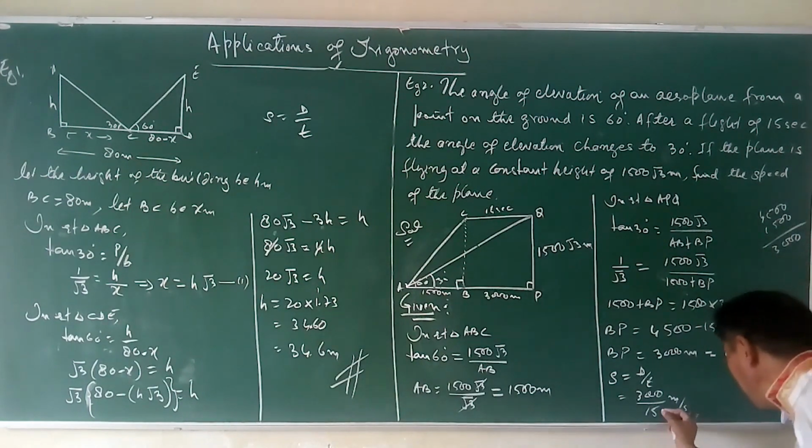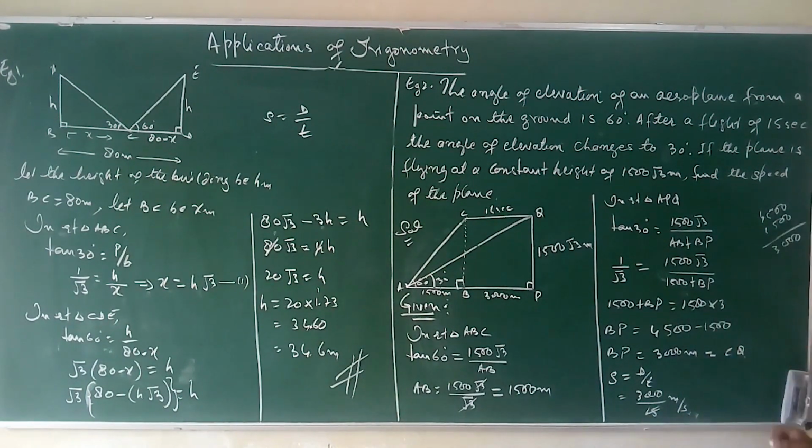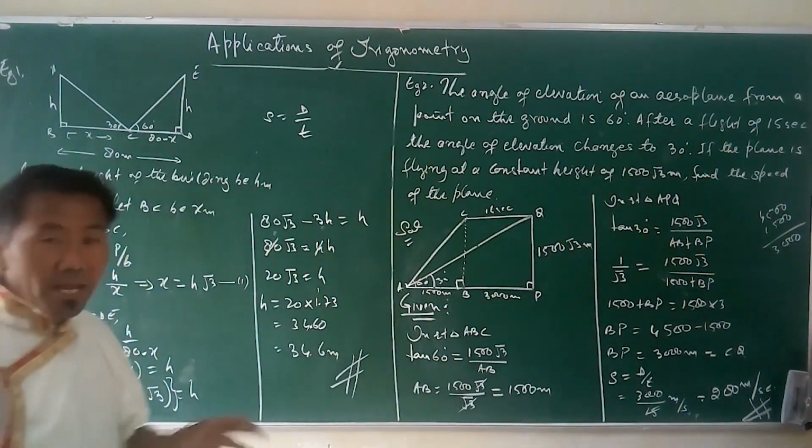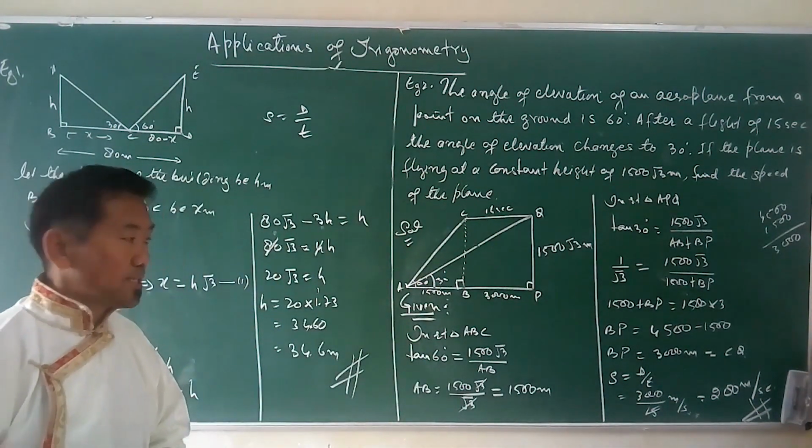So 3,000 divided by 15 is 200 meters per second. This is the speed of the plane, 200 meters per second.